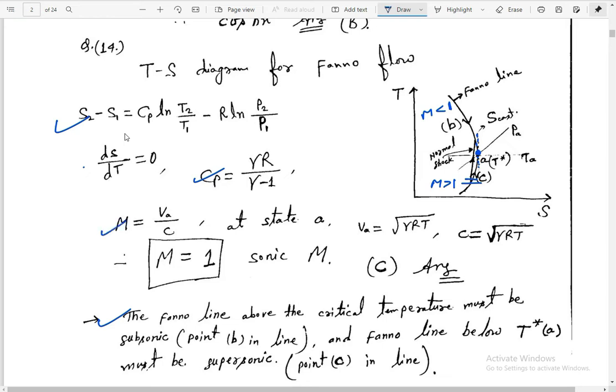So at state A, Va is equal to square root of gamma RT, and C is equal to square root of gamma RT, the local velocity, and this is the streamline velocity. So at the sonic point, at the critical temperature, critical line, we always have M equal to 1. So the answer is M equal to 1 for this question.